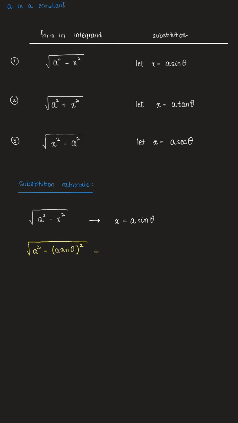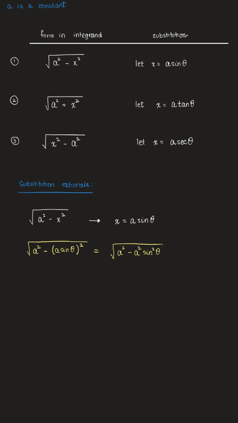So let's try to simplify this. This is going to give us the square root of a squared minus a squared sine squared theta, since everything is getting squared. And it would be really wonderful if we could take things out of the square root. But when we have a difference or a sum, we cannot undo the root. If we had a product, we could.